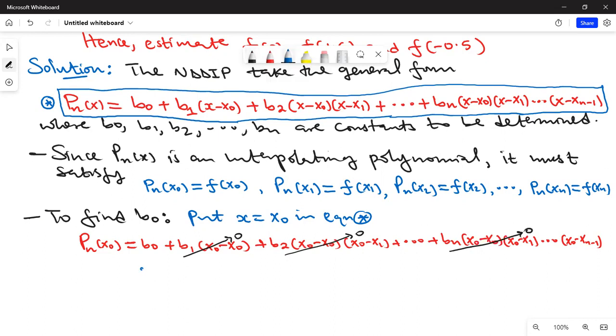So we say therefore, where we have b0, it is the same as Pn of x0. But what did we say is Pn of x0? It is the same as f0, or f of x0.